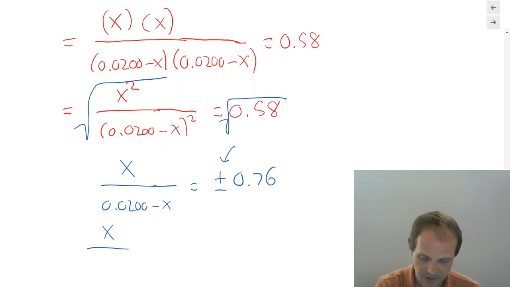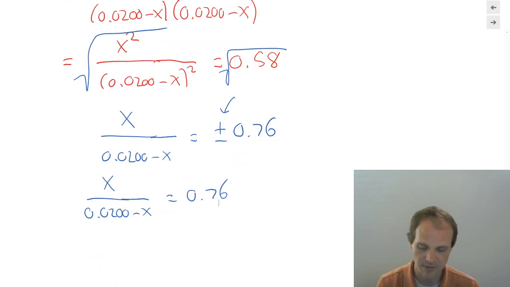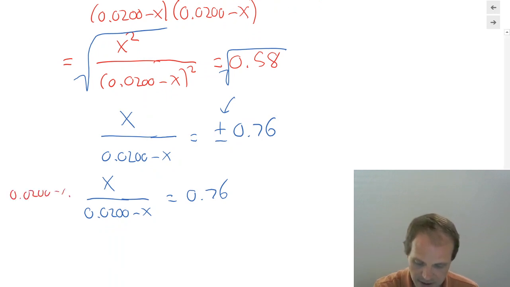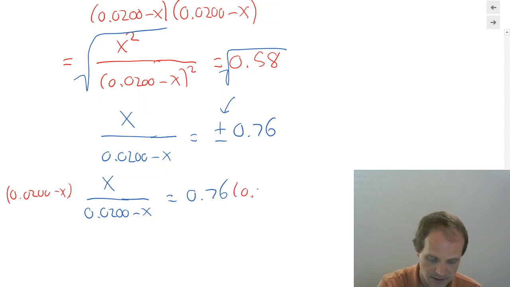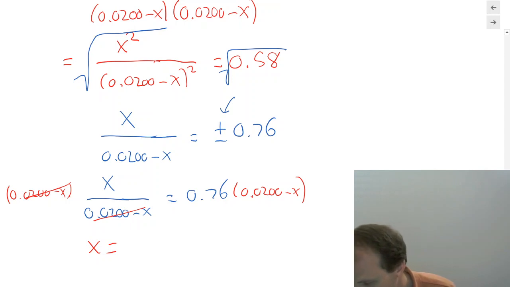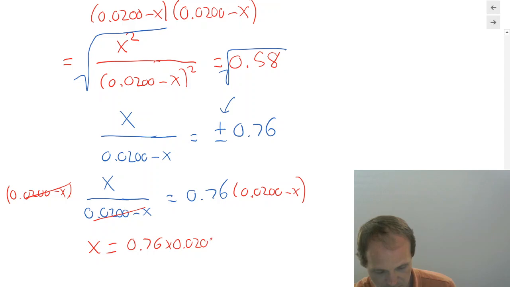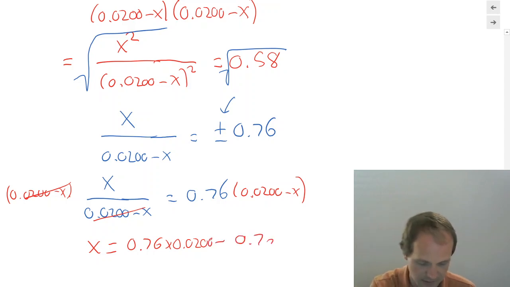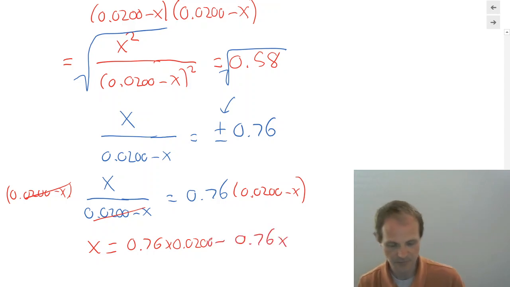So let's use our positive root first. We're going to say x over 0.0200 minus x is equal to positive 0.76. We multiply both sides by 0.0200 minus x. That cancels out over here, and we get x equals 0.76 times 0.02 minus 0.76x.